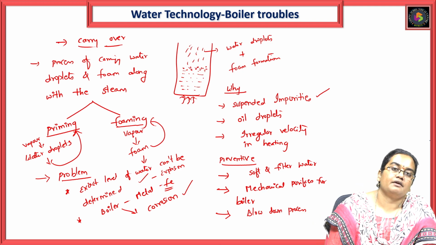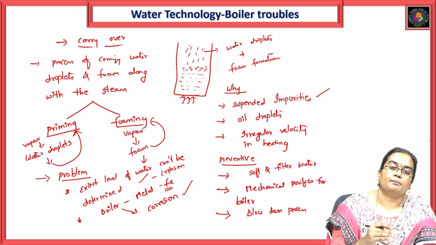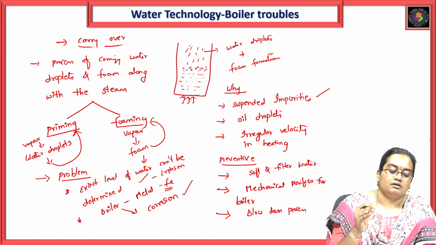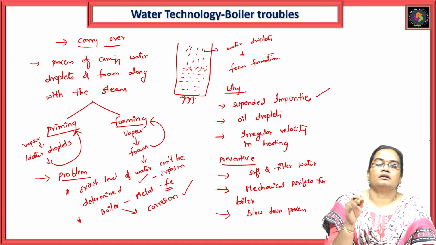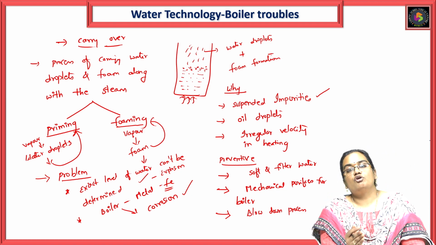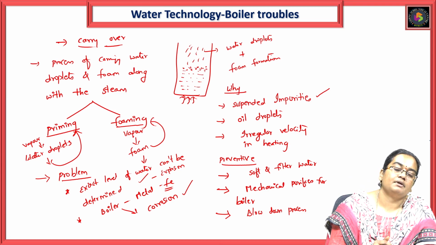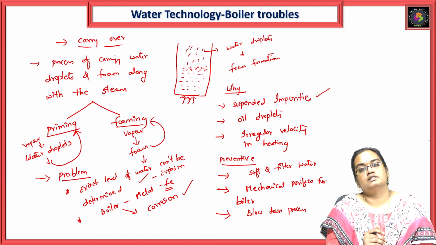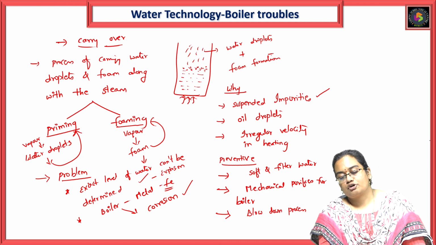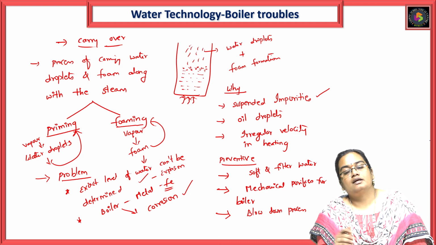Okay. First, what is the definition of carryover? The process of carrying out water droplets along with the steam is known as priming, and the process of carrying out foam along with the steam is known as the foaming process. And why is this happening? It is because of the presence of impurities, oil droplets, and due to irregular heating.